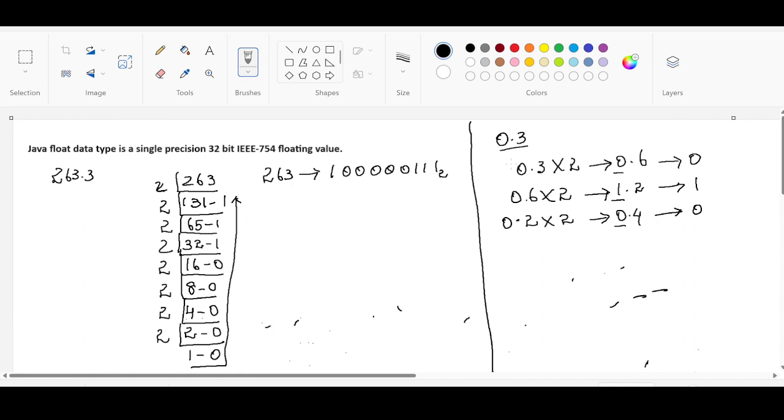Now again 0.4 into 2 gives us 0.8. The whole number part, 0, needs to be extracted. Again 0.8 into 2 gives us 1.6. Extract this 1.